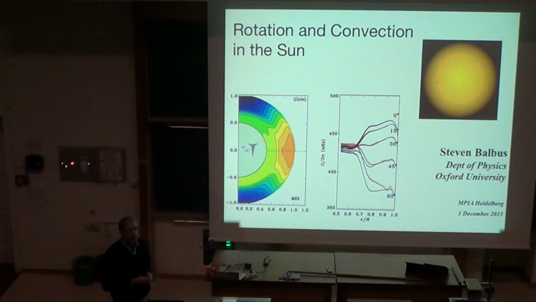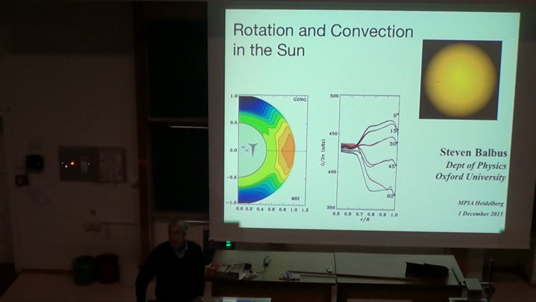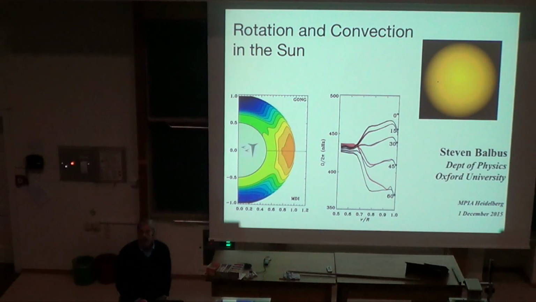And that's fascinating in and of itself, and it is a way for us to learn, as we'll see, not just about the sun, but perhaps about what's going on in other stars as well.